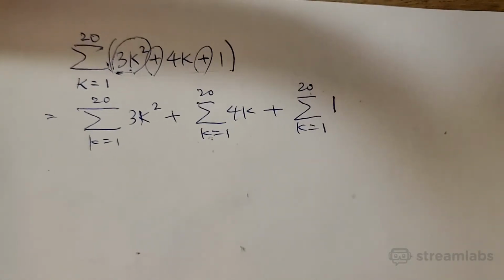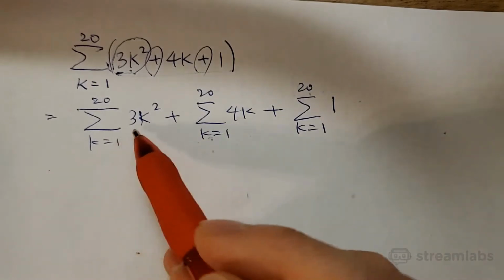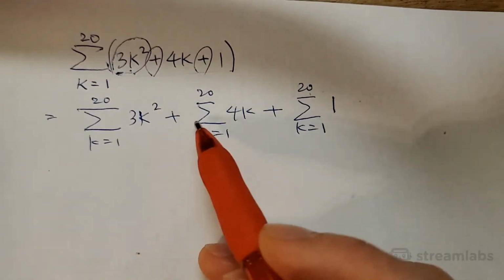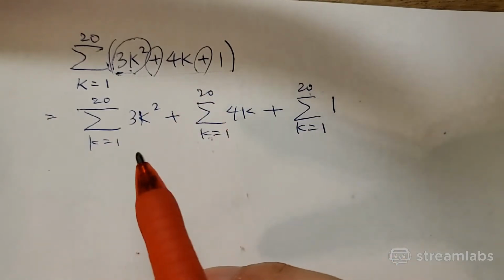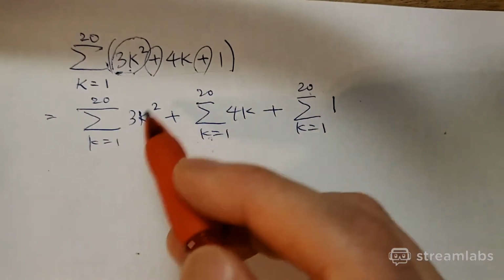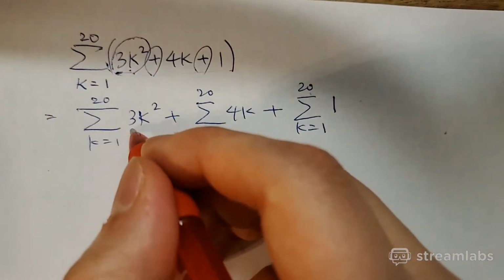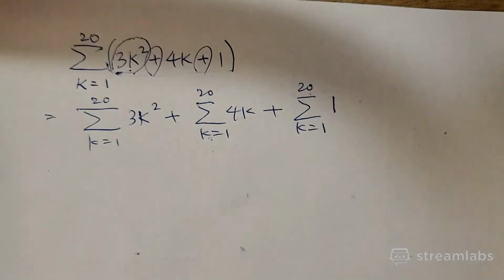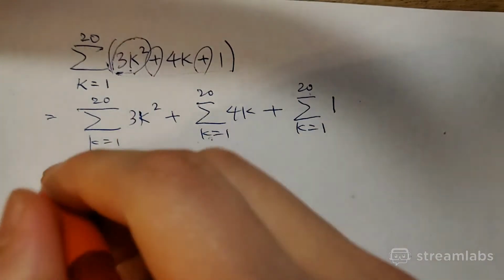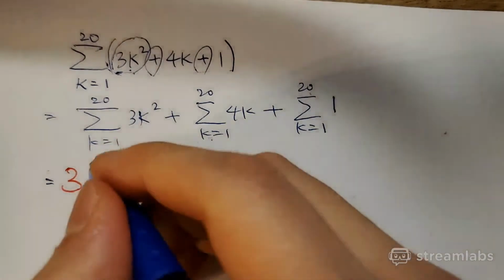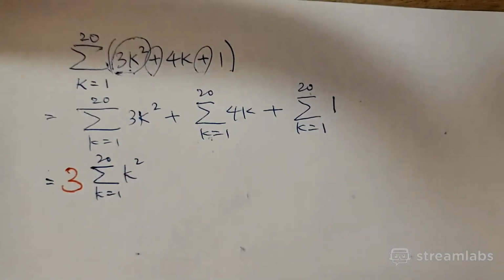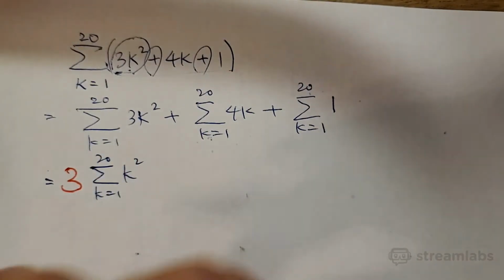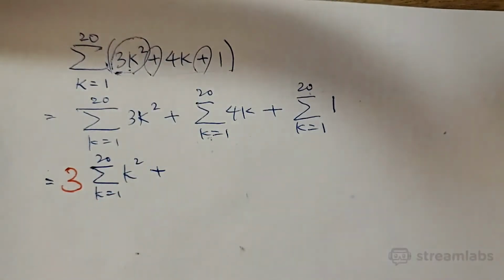And then the next thing would be, everything is 3k squared, right? 3 times 1 squared, 3 times 2 squared, and so on. They're all multiplied by 3, so I'm going to factor this 3 out. So it's going to look like this. And pull them forward, like that. Okay. Pull the 4 out.